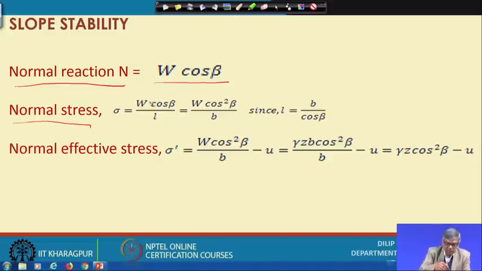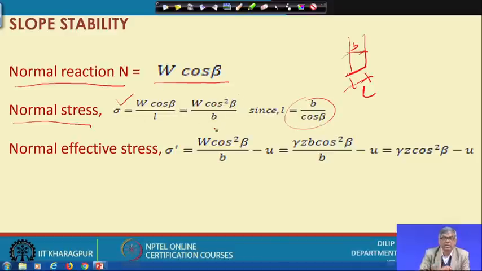The normal force was W cos beta and the length was L, which we have shown before. If I put L in terms of B, the width of the slice, then L will be B by cos beta. If I substitute here, then sigma becomes W cos square beta by B.